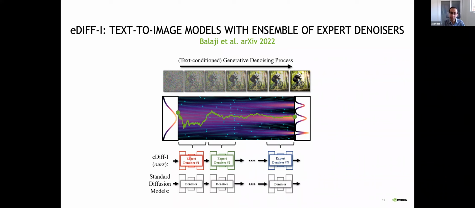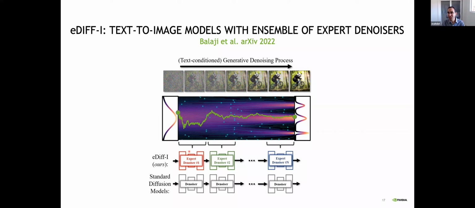The nice thing about this is that now you let different denoisers become specialized for different time intervals when you're denoising. This increases the expressivity of your model, because you simply increase the number of parameters, basically the expressivity the neural network will have.